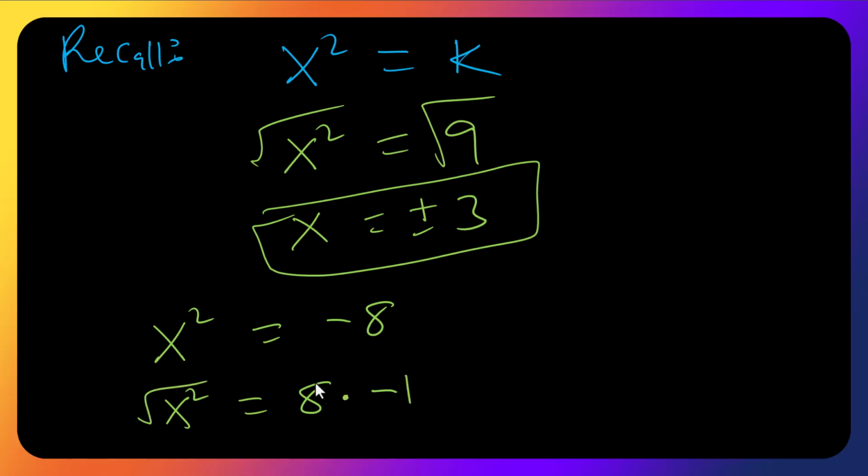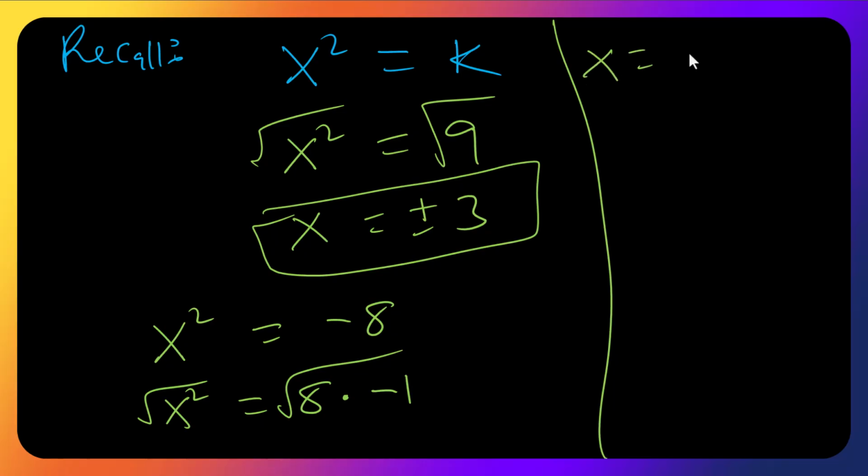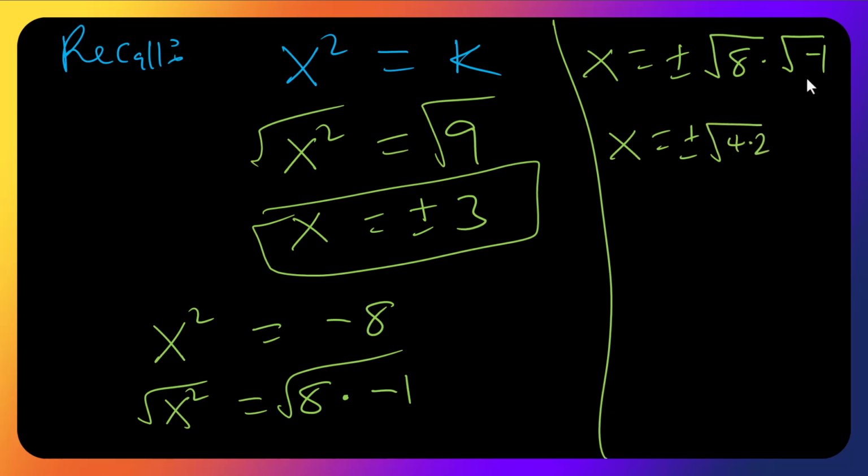So I can take square root and I'll get x equals plus or minus square root of 8 times square root of minus 1. We have 4 times 2, and this one will be i from complex numbers. So 4 is a perfect square, same as plus or minus 2, 2i.